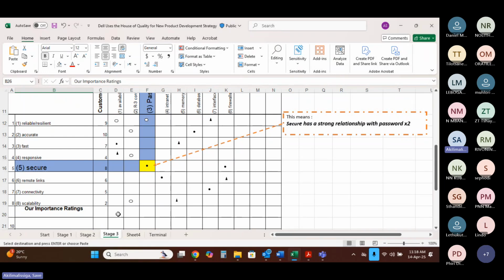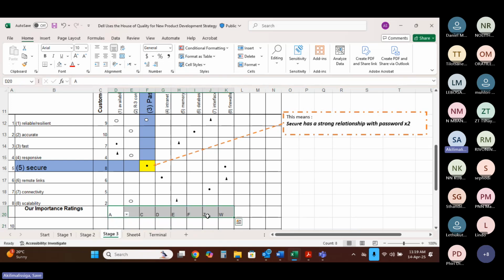Let's call these A, B, C, D, E, F, Z, W. Basically we're going to calculate these letters.